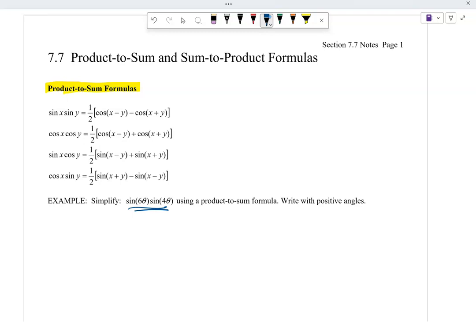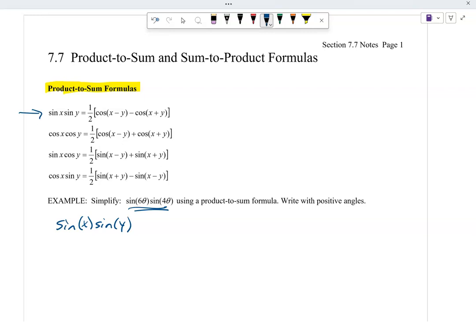Now, what I want to do first before I plug it in is make sure that you have your larger angle listed before the sine of 4 theta. That'll just make it so we don't have to use an even-odd property with a negative angle there. So we're going to use the one where we have sine of x, sine of y.